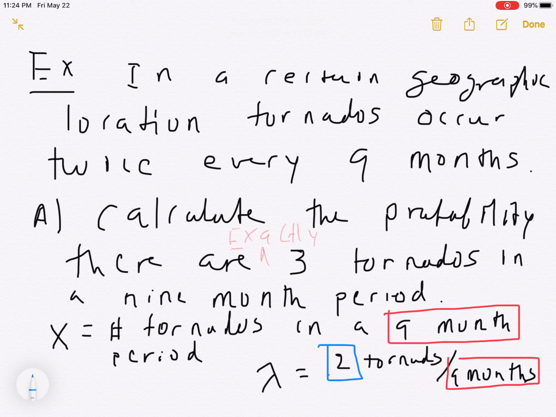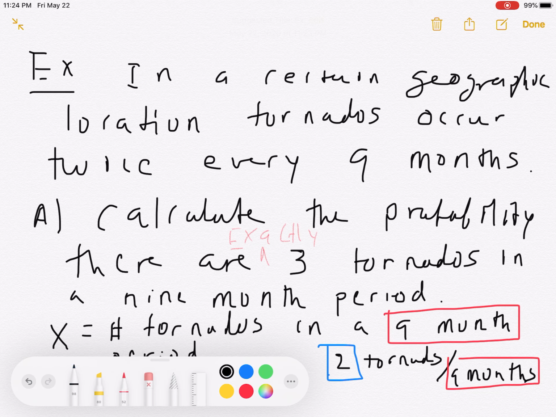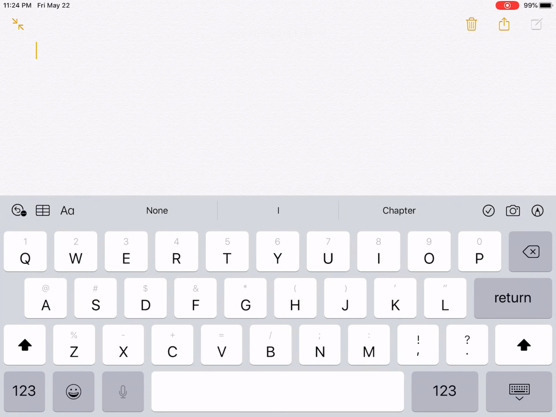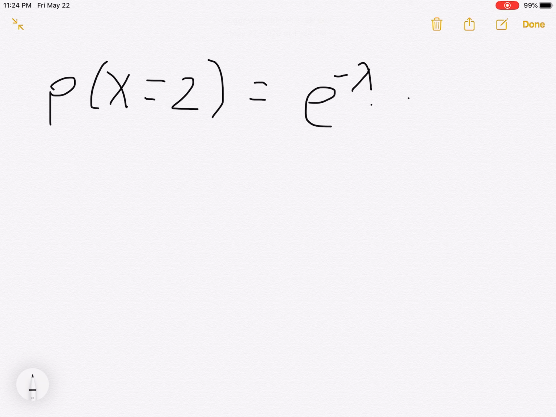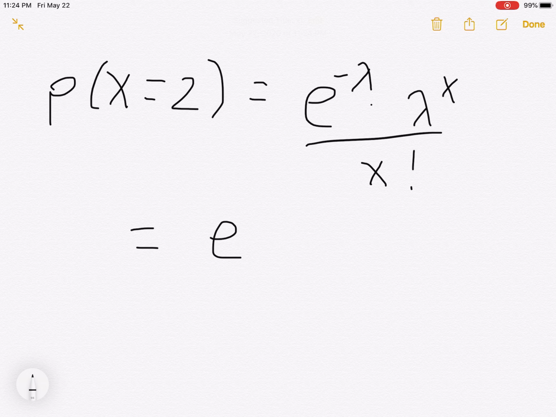Okay, so now we're good to calculate the probability. If I want to calculate probability X equals 2, all I'm going to do is e to the minus lambda times lambda to the x over x factorial. Now I just plug in: e to the minus lambda, that's negative 2, times lambda is 2 to the x, which is 2.